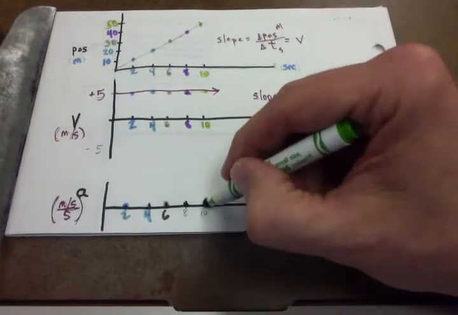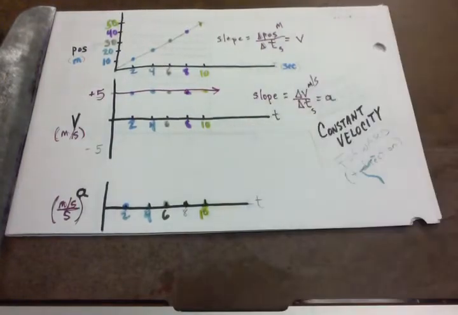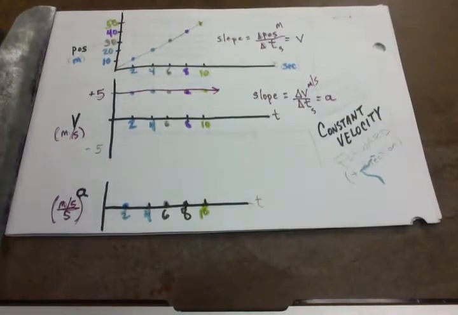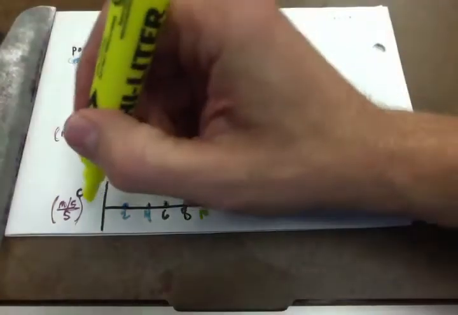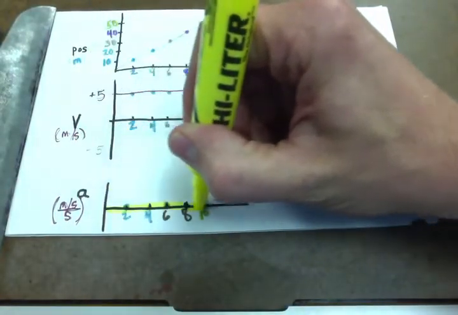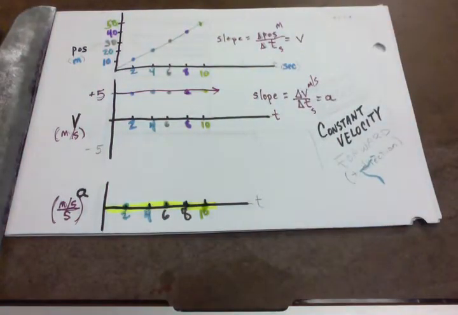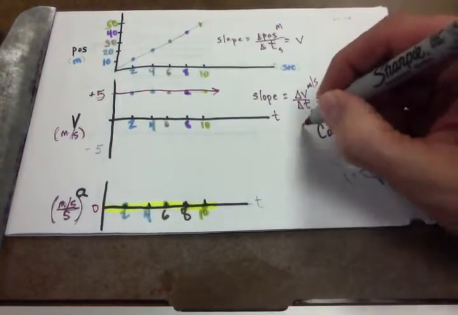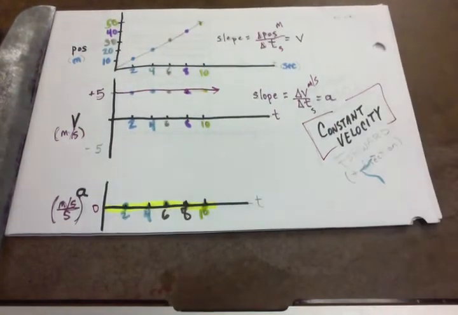At 10 seconds, the slope is 0. So the slope stays 0. Constant velocity really means 0 slope. So it would just be right along our axis there. And really what that's saying is the acceleration is 0. But that is what it means to be constant velocity.